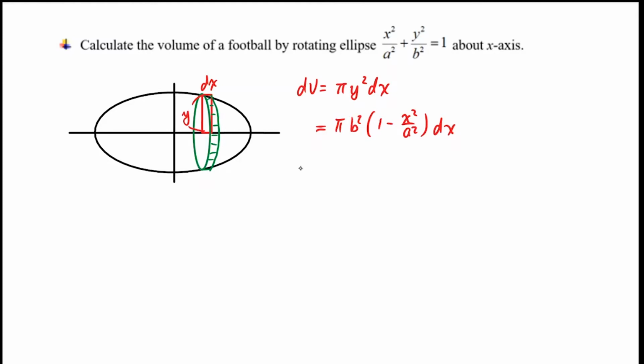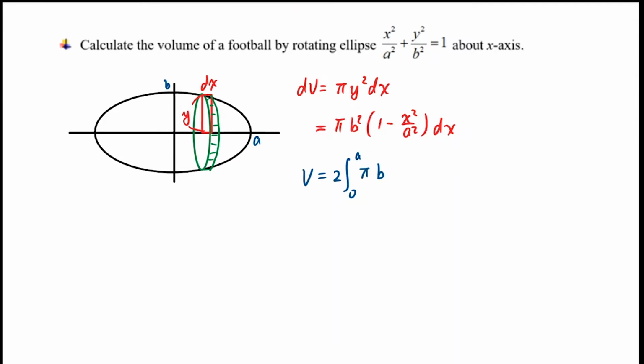Okay, well then my volume can be, now from 0 to, do you see this is a and this is b, right? So 0 to a and we double it. Good? Say yes.